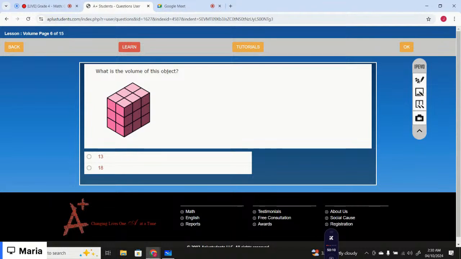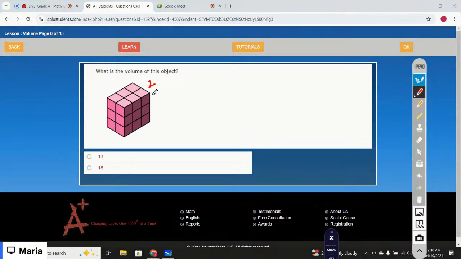What is the volume of this object? Very good. This is 2, this is 3, and this is again 3. So that is 3 times 3 times 2. 3 times 3 is 9, and 9 times 2 is 18. So the correct option is 18.